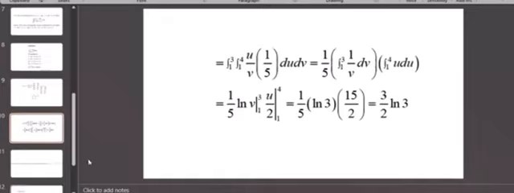All right, so that's the Jacobian. Now we can do the integration over the nicer region. This is really calculus 1. You can simply compute this. That's easy enough. And the answer is 3 over 2 ln 3.